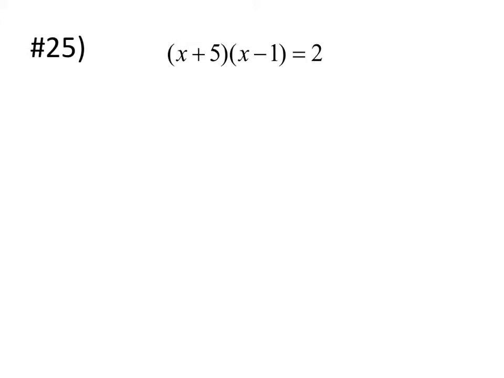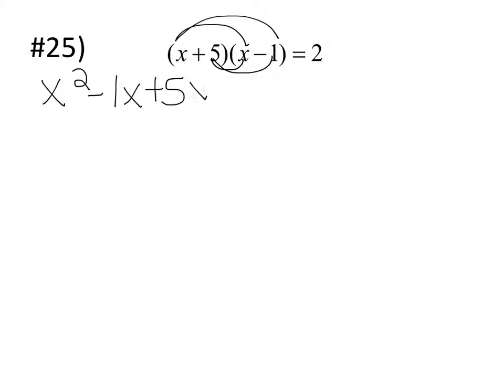Okay. All right, number 25 says x plus 5 times x minus 1 is equal to 2. So we're going to have to go ahead and distribute the x and then distribute the 5 before we start. So we have x squared minus 1x plus 5x minus 5 is equal to 2.